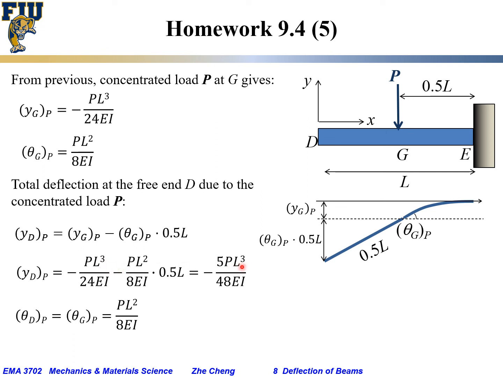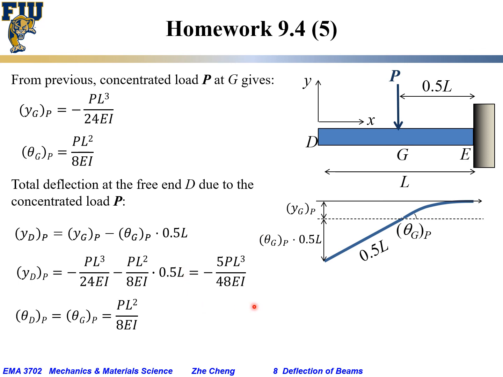PL cubed and PL squared times L gives PL cubed in the numerator, and EI in the denominator. 1 over 24, plus half times 1 over 8, which is 1 over 16, and when we add them together, it would be 1 over 48 times 2 plus 1 over 16 times 3, minus 5 over 48.